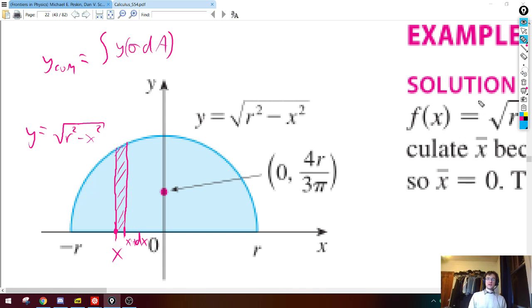And then you say, well, there's not just one guy along this vertical strip, there's many different guys going from 0 up to this top y, this fixed y at the top for a given x. So in order to integrate up all of those contributions, what I should really be doing is integrating from 0 up to this total y.